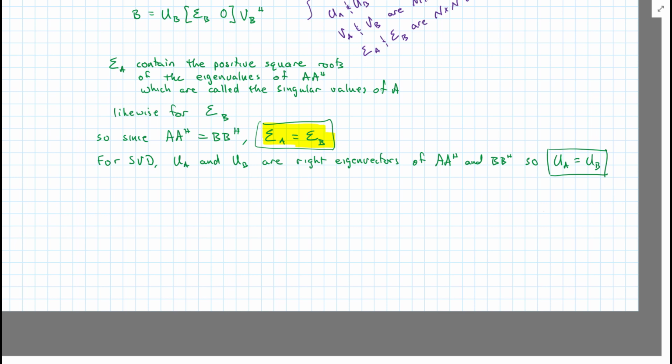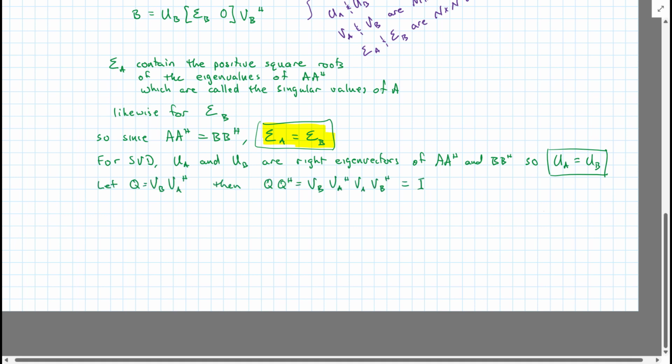We're just trying to define this Q such that A is equal to BQ, so let's go ahead and postulate one. We're going to let Q equal VB times VA Hermitian. We can see that when we multiply Q by its Hermitian, we get a bunch of unitary matrices multiplied together.